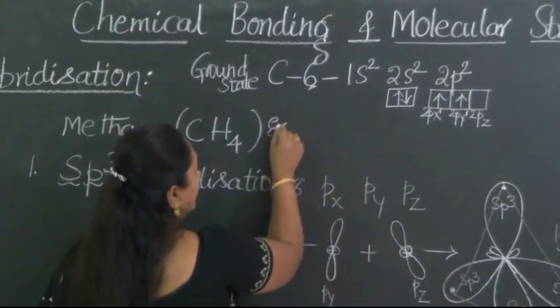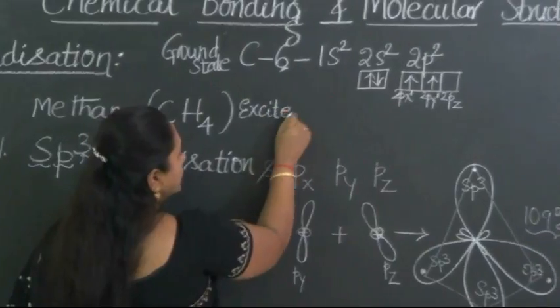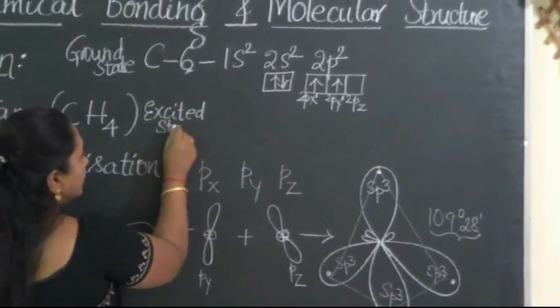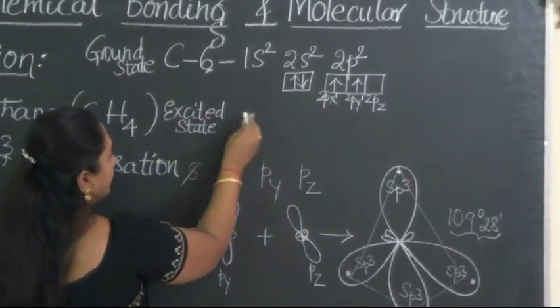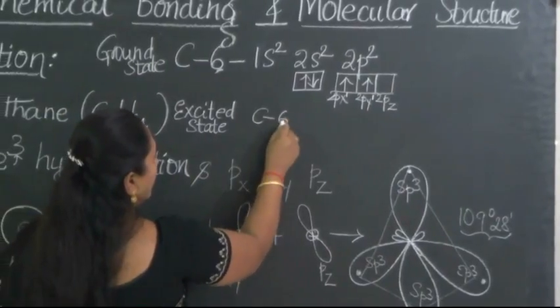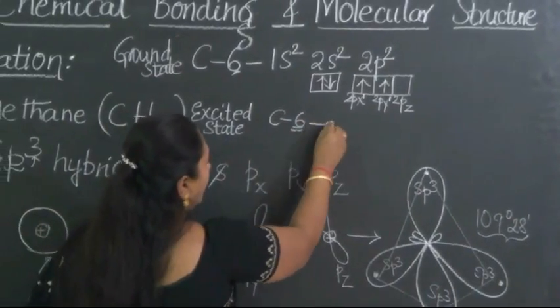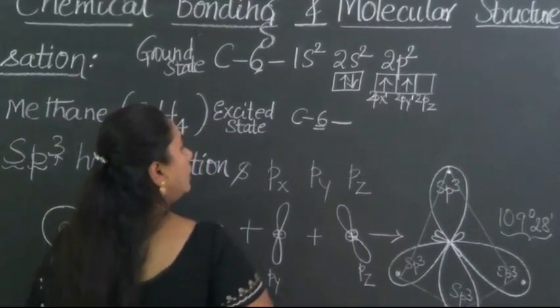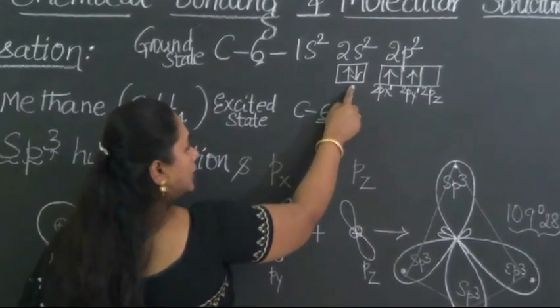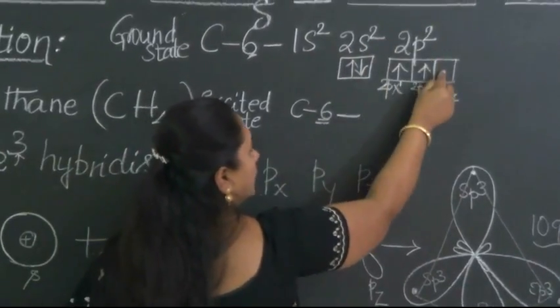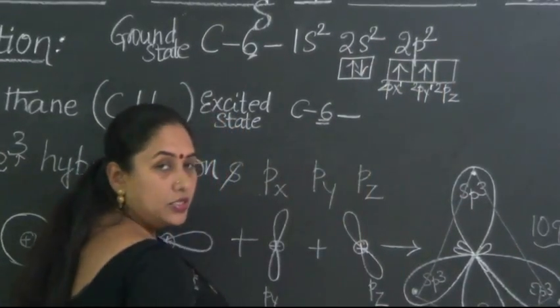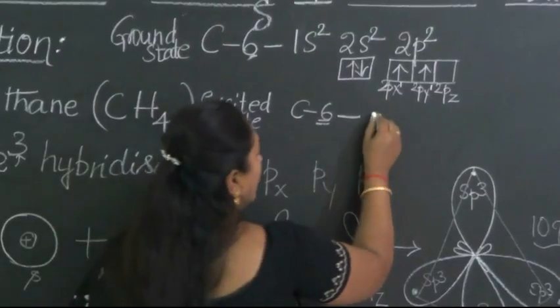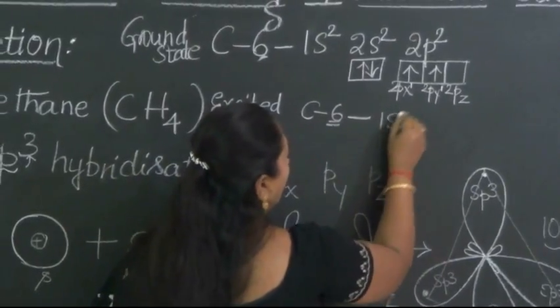So let us see what is the excited state electronic configuration of the carbon atom. Carbon atomic number remains the same. Now what happens is that due to excitation, one of the electrons from the 2s energy level will jump to the 2pz energy level.